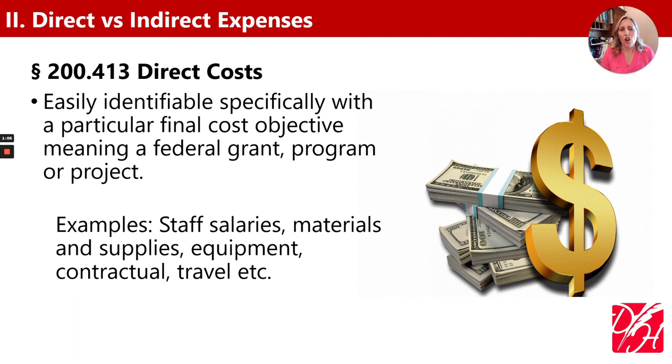The direct costs, as defined by the federal government, are costs that are easily identifiable, specifically with a particular final cost objective, meaning a federal grant, program, or project. Okay, let's try to translate that, shall we?